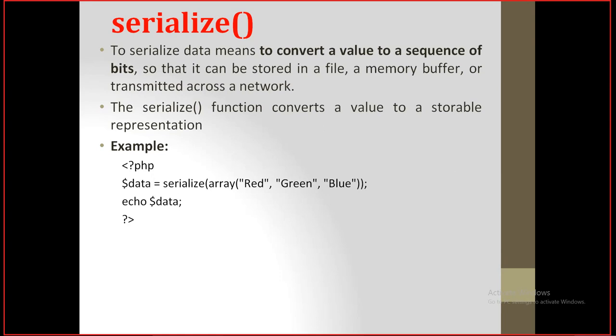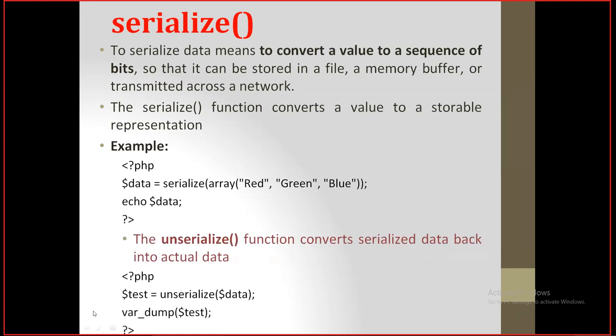So that was serialize. Like serialize, we have the unserialize function. It will convert any serialized data back to its original format, what it was previous to serialization. So we can pass the serialized variable as an argument to the unserialize function, and then we can use the var_dump function to see the unserialized data.